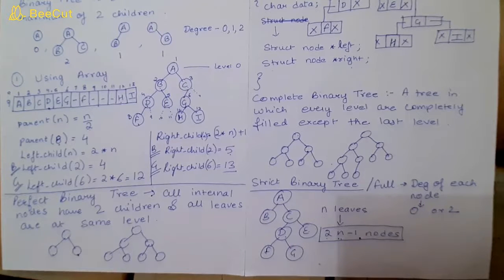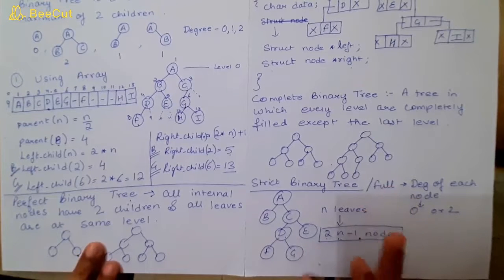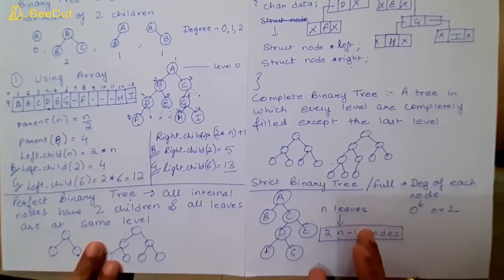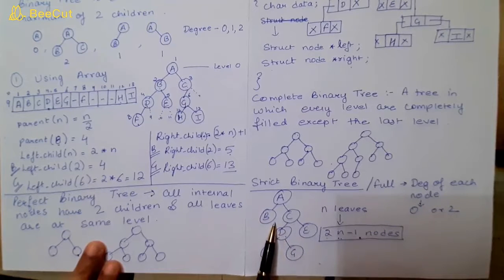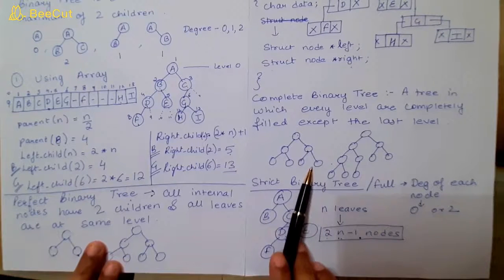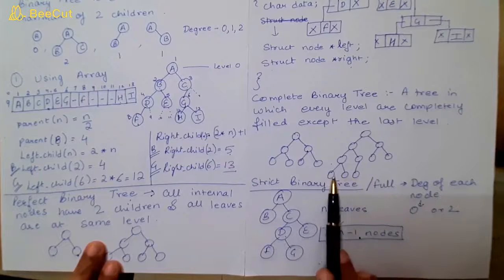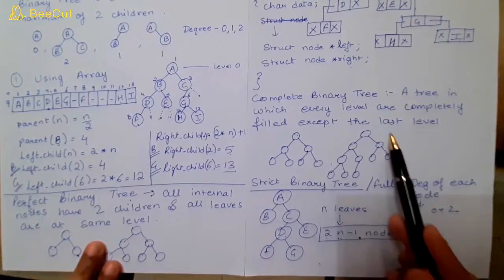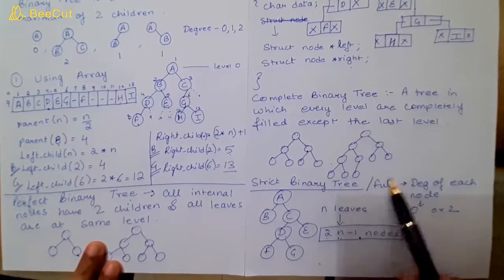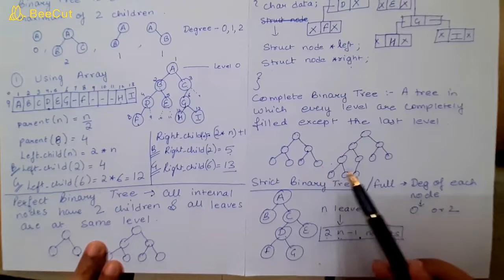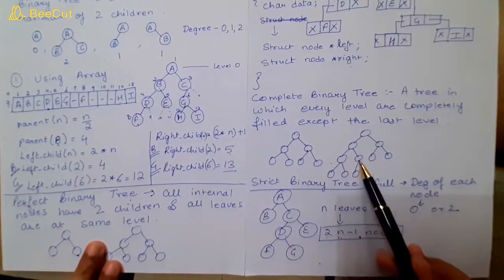Don't confuse full and complete. In case of full or strict binary tree, you'll have either 0 or 2 children. Okay, like this one, you can have 0 or 2 children. But in case of complete binary tree, only the last level will be left incomplete. Like if you can see this tree, in this tree, this node is having only 1 child.